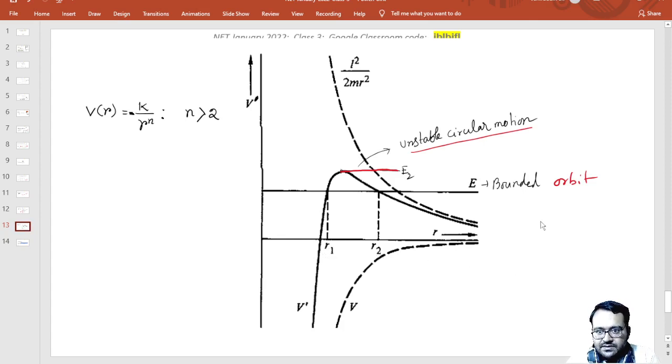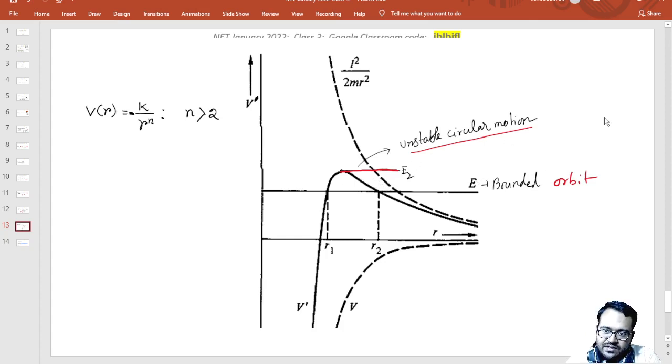So that's it. Now if a particle which is coming from outside, say from far away, is interacting with this potential, and the energy is less than that E2, it will just repel, it will just come and go away.